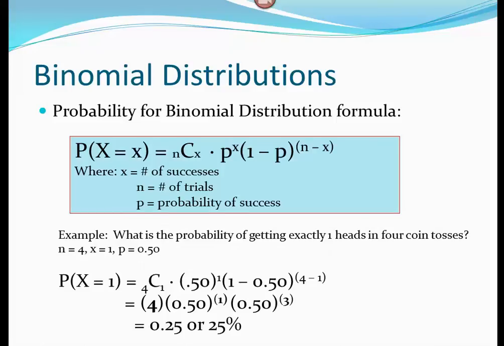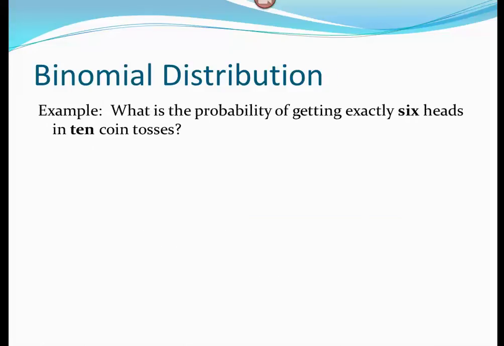Where this really comes in handy is when we have a large number of trials and maybe not just 1 success. So here we're just going to throw out some bigger numbers. We're going to have 10 coin tosses instead of just 4, and the probability of getting 6 heads. Now, if I were to try to write out the sample space, all the possible outcomes for 10 tosses of the coin, going back to my fundamental counting principle, that's going to be 2 to the 10th power. 2 times 2 times 2, because each time I flip the coin, there are 2 outcomes possible.